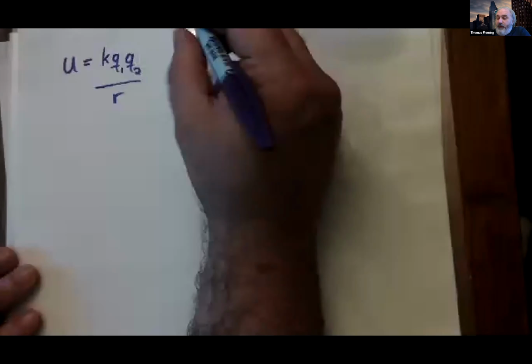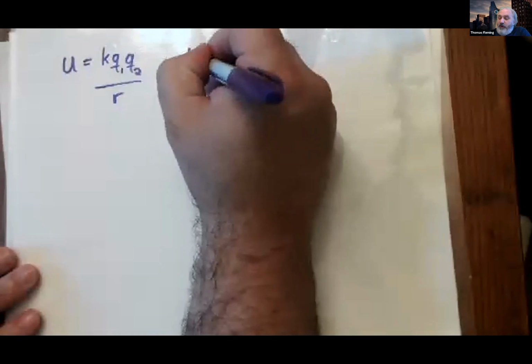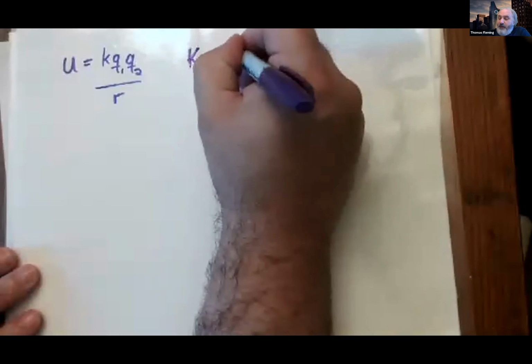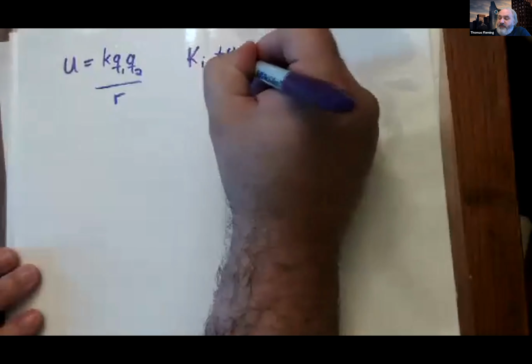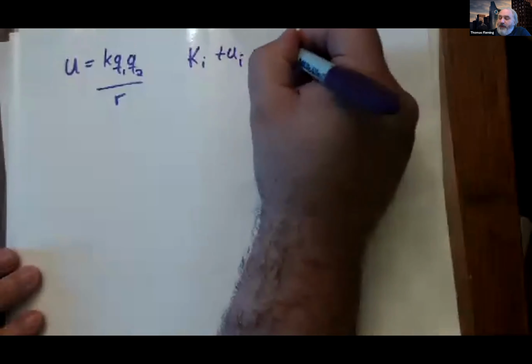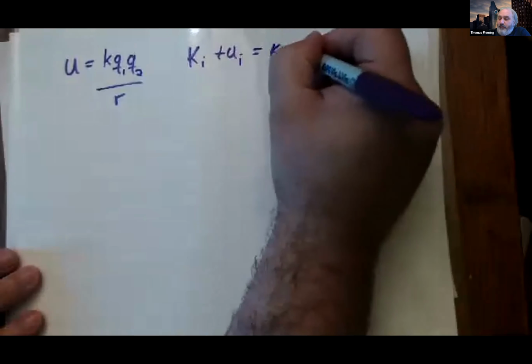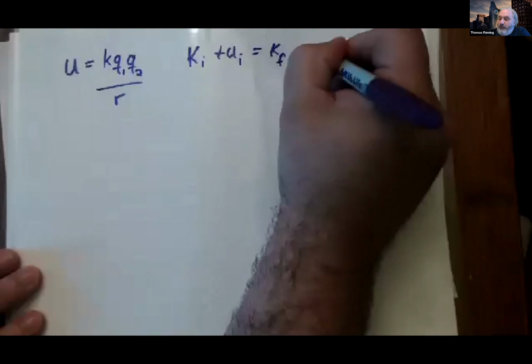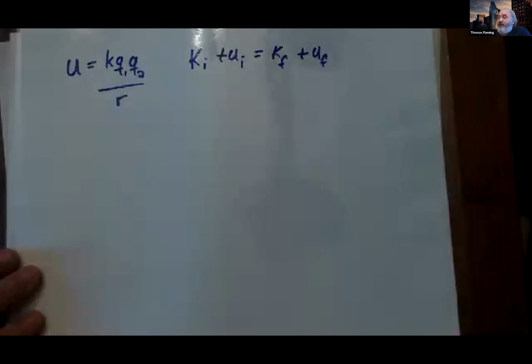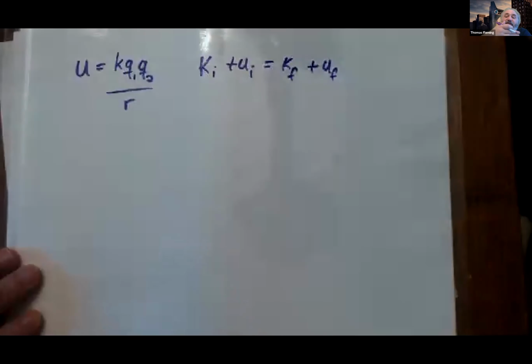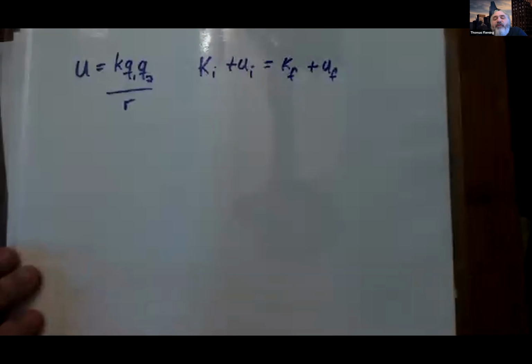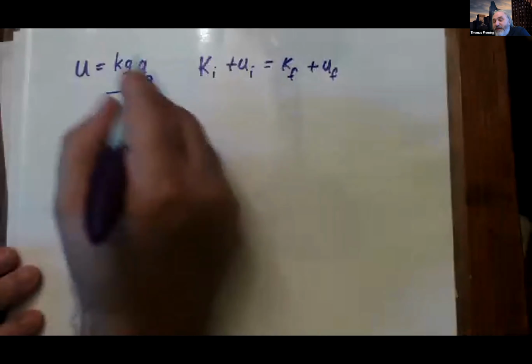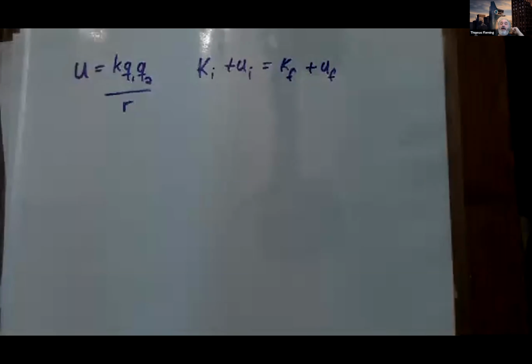So for instance, my starting kinetic energy plus my starting potential energy has to equal my final kinetic energy plus my final potential energy, right? We used this a whole bunch last semester, but there we were always dealing with either gravity or sometimes springs. Now we got a new kind of potential energy, but other than that, it's exactly the same.